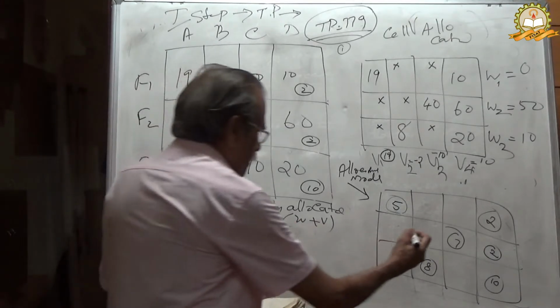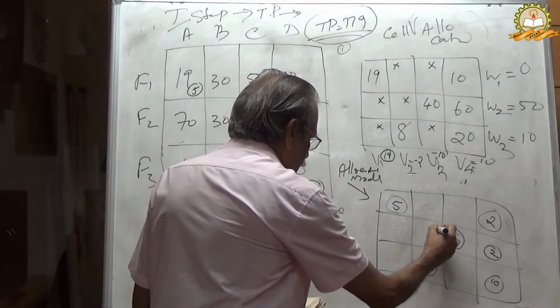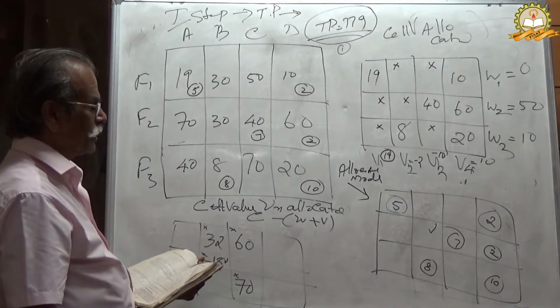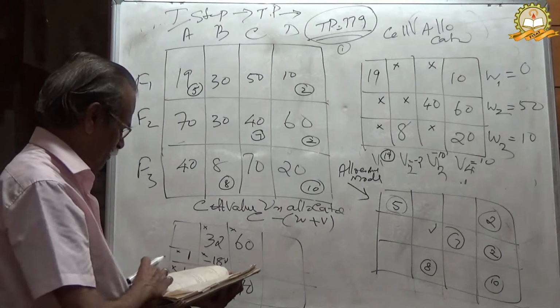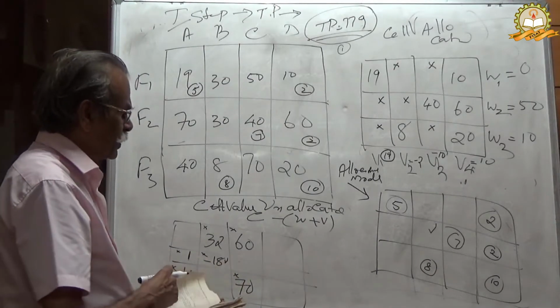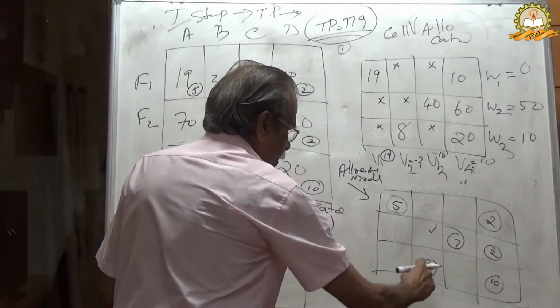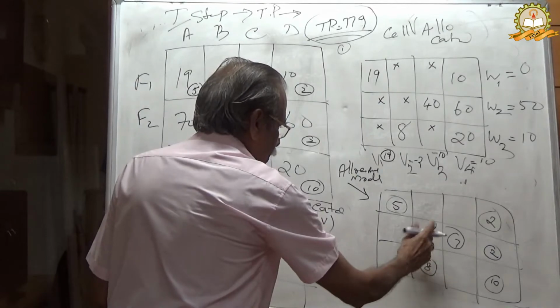Here you have that negative number 18. You specify that. This is your negative number. Here the allocations made, here is the negative 18.